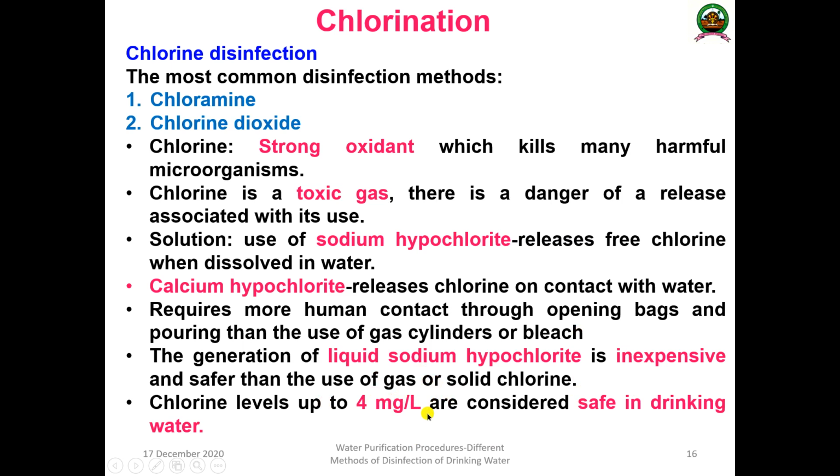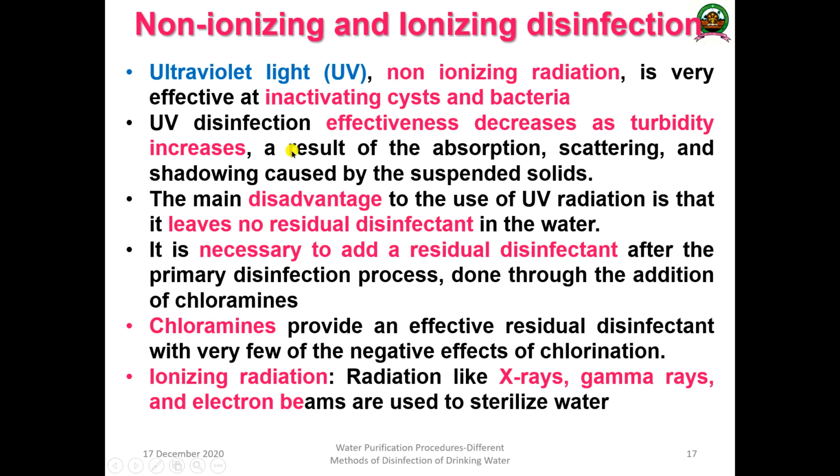That's all about chlorination. The next one is non-ionizing and ionizing disinfection. UV radiation, UV light, is known as non-ionizing radiation, and it is a very effective way of disinfection by inactivating cysts and bacteria.